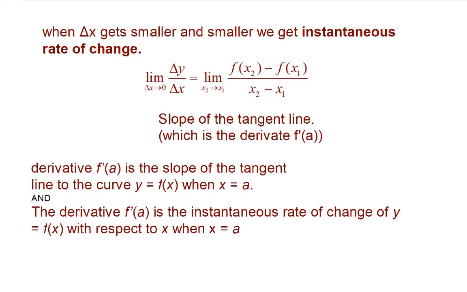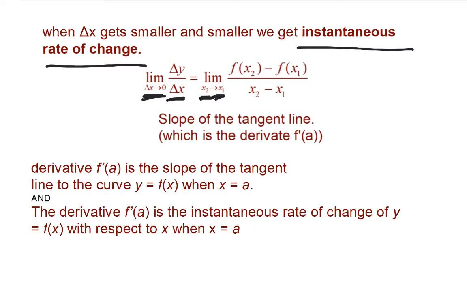And when that change gets smaller and smaller, we're getting our instantaneous rate of change. So when we looked at the previous slide, to get that instantaneous rate of change, we need to make that difference go down to 0. So delta x goes to 0, the change in x goes to 0, or you can look at it as x2 goes to x1.